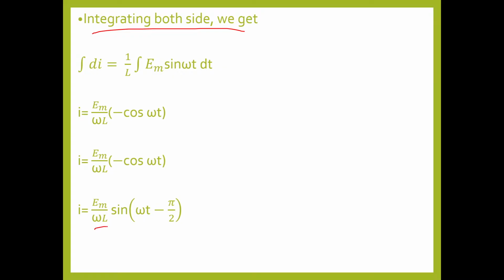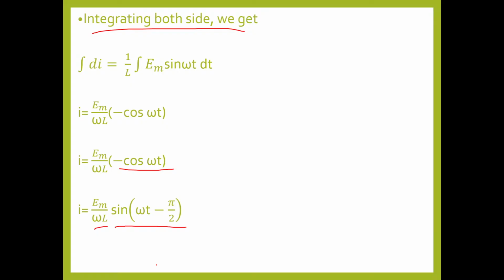What you get is I equal to Em by omega L, and actually you will get minus cos omega t. Minus cos omega t is nothing but sin of omega t minus pi by 2. So I is equal to Em by omega L sin of omega t minus pi by 2, a simple mathematical simplification.